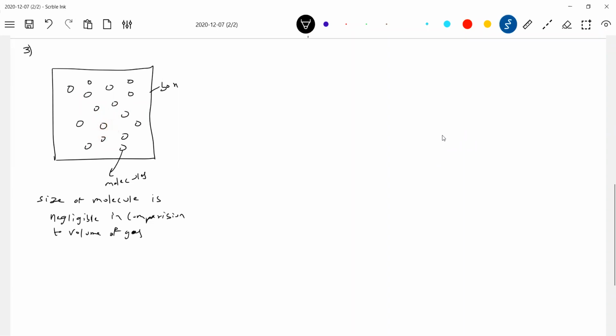After this, what is the state of these molecules? All the molecules will be moving randomly. What is the state of a molecule? It will go like this.